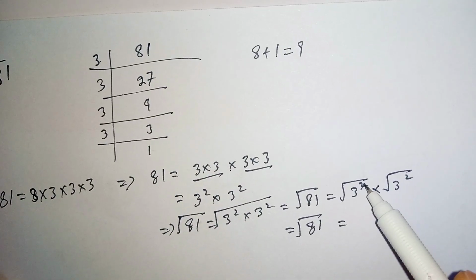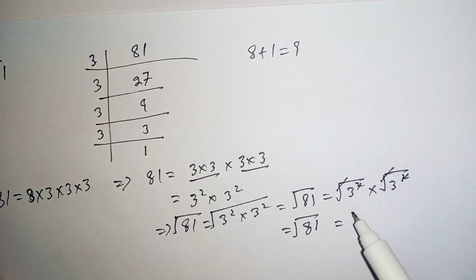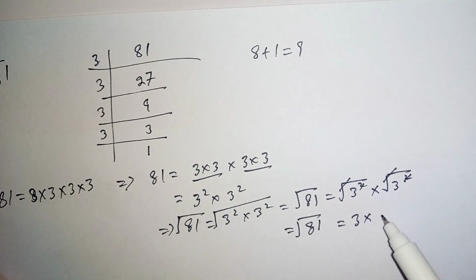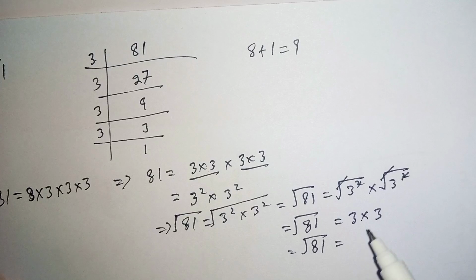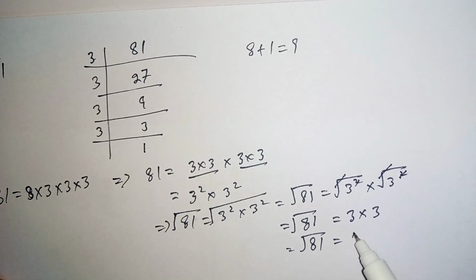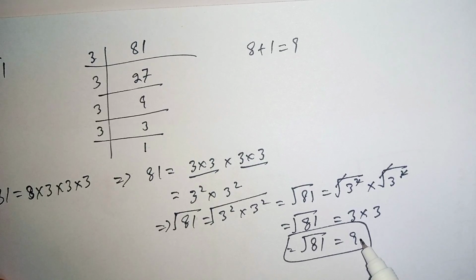We will cancel the square with the square root, and the square with the square root, right? So the remainder is 3 multiplied by 3. So the square root of 81 is equal to 3 multiplied by 3, which is 9. So we can say that the square root of 81 is equal to 9.